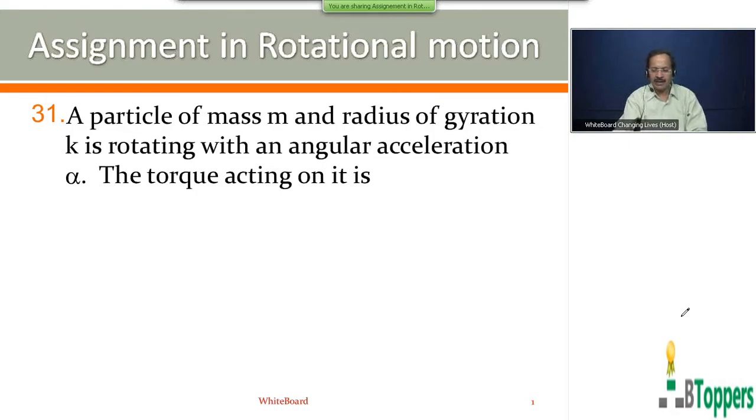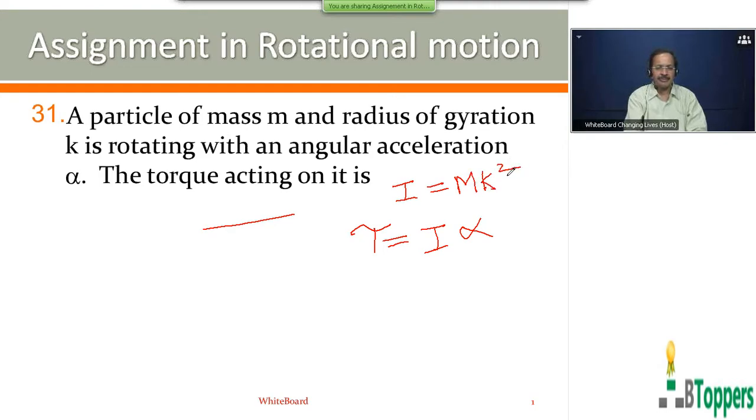A particle of mass m and radius of gyration k is rotating with an angular acceleration alpha. The torque acting on it is. So it's a direct formula question. The torque acting on a rigid body in pure rotational motion about an axis can be written as I into alpha, where I is the moment of inertia about the axis of rotation, which can be written as I equal to mk square, where m is the mass of the particle or rigid body and k is the radius of gyration.